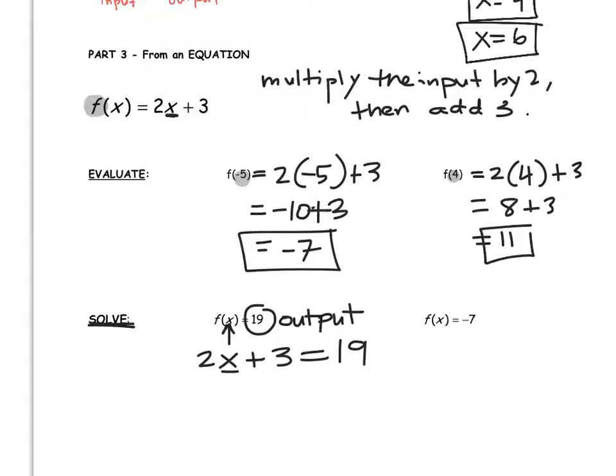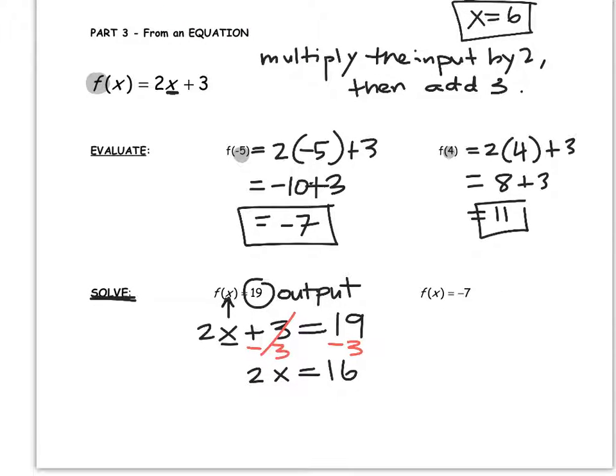Now I have an equation that I can solve. To solve this equation, I'm going to subtract 3 from both sides, and I get 2x equals 19 minus 3, 16. Divide both sides by 2, and I get the input is x equals 8.